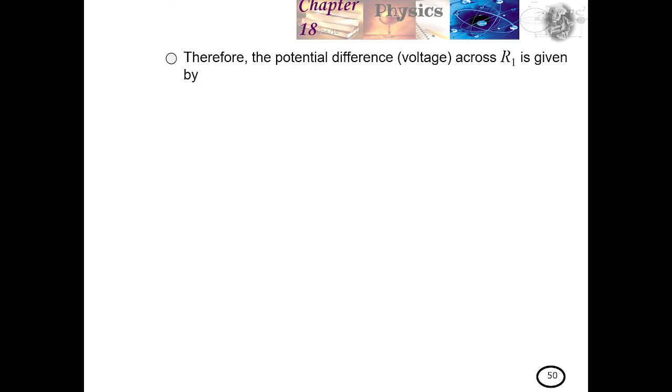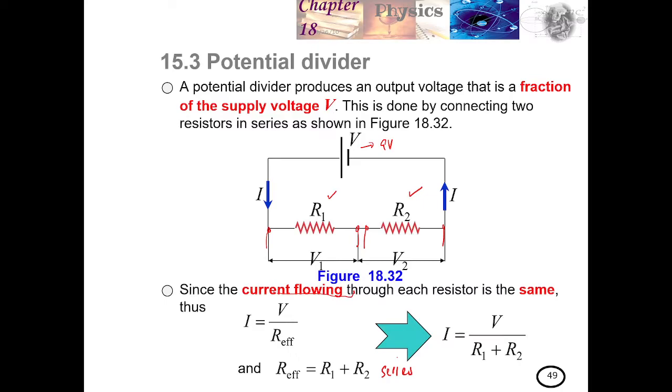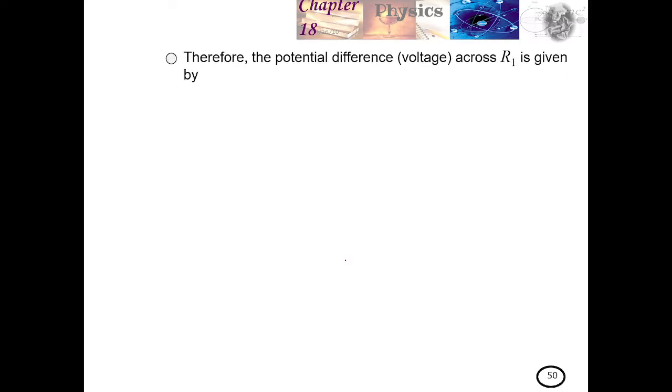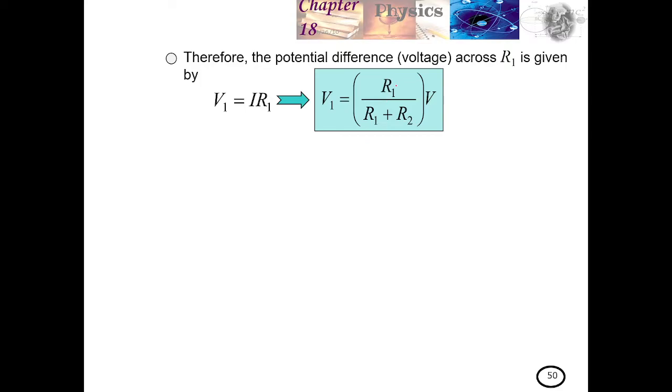Therefore the potential difference across R1, which is V1, is given by V1 equals I R1.